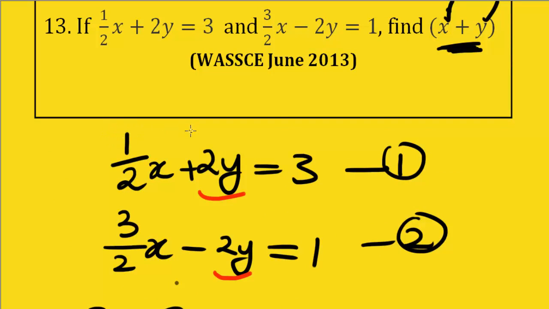You have this term, which is equal to this term. You have this term, which is equal to this term. So I'm adding this to this, and I'm adding this to this. I'm essentially doing the same thing to the left-hand side and right-hand side, so the equality remains.